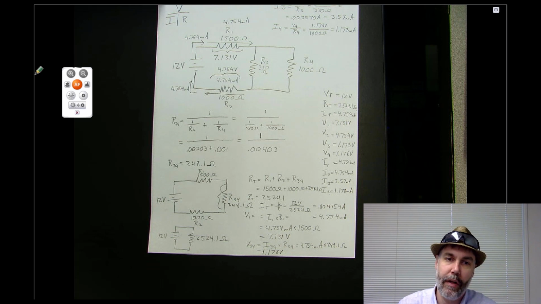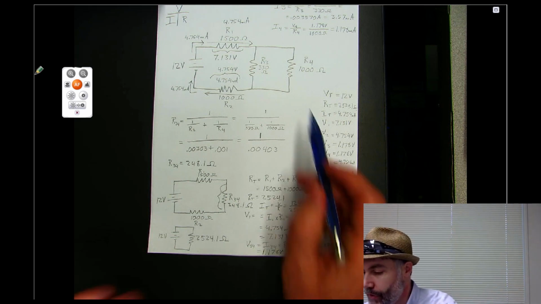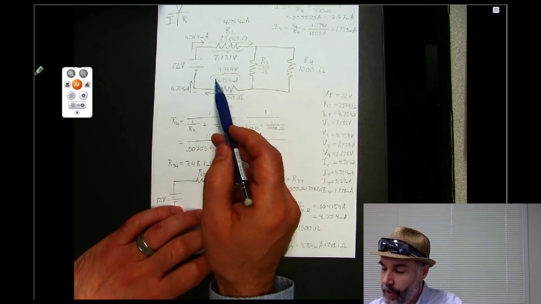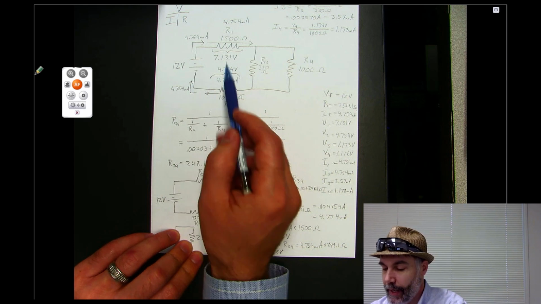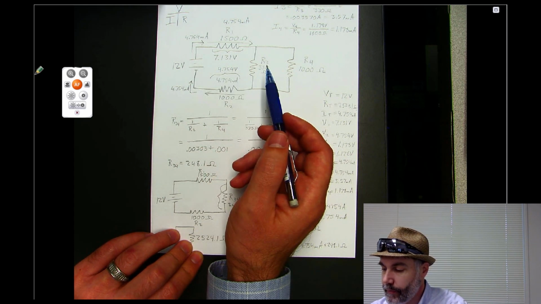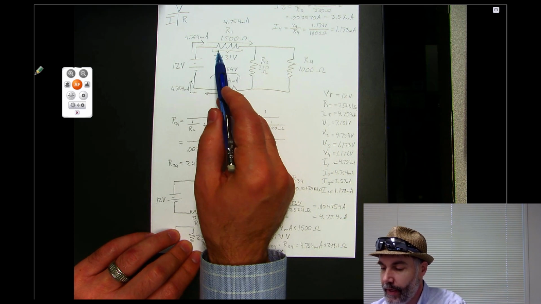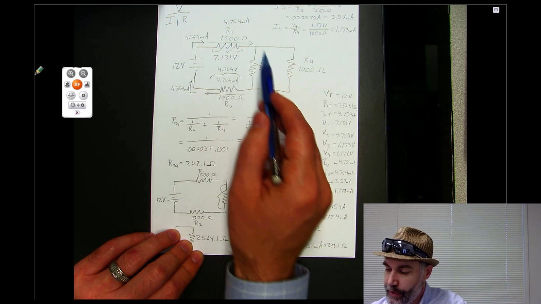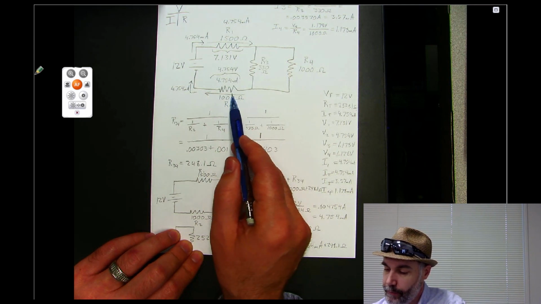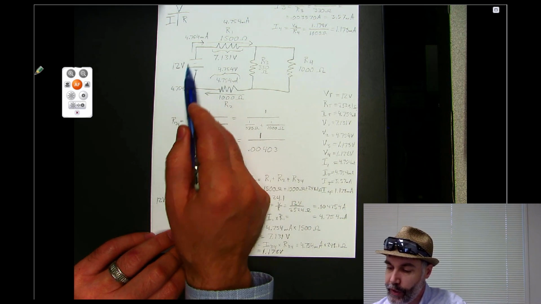And then the last thing is we can look at the voltages around a loop, and they have to add up to 0. Another way of saying that is that V1 plus V3 plus V2 have to add up to 12 volts over here.